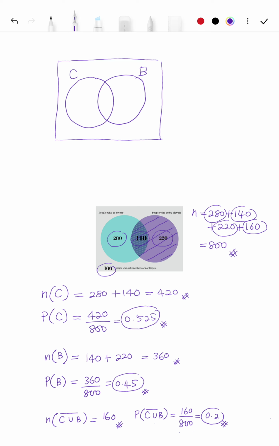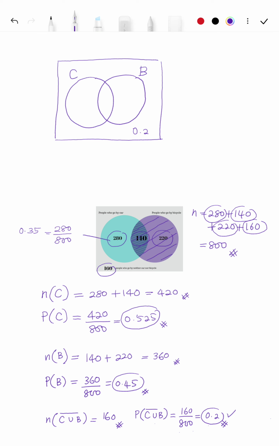Okay, we already have the value for outside the circle, which is 0.2. Then for this one you must find 280 over 800, and that's 0.35.